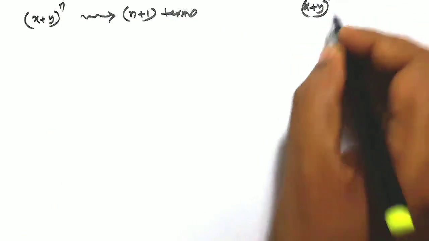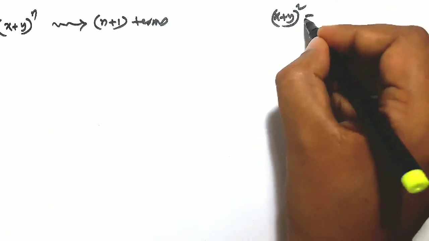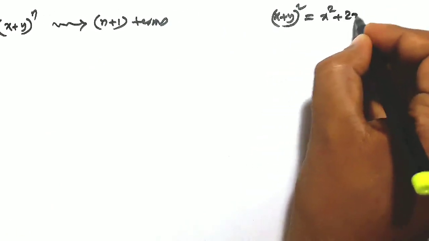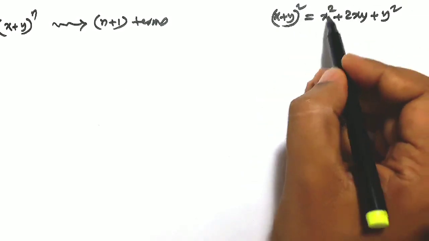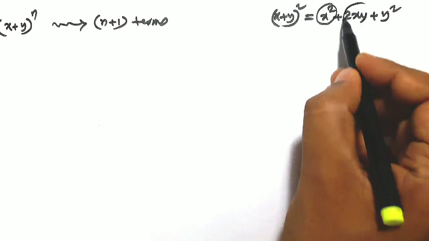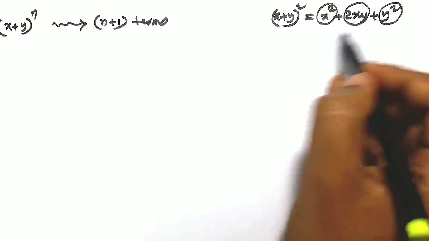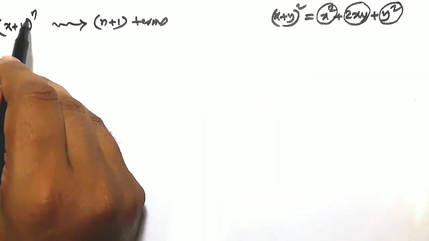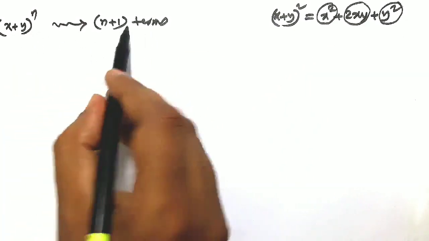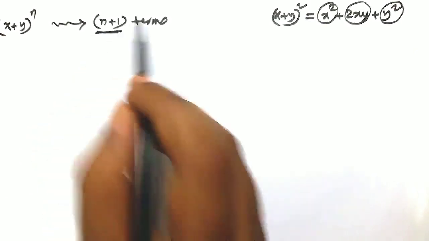Earlier I said this one, again I am repeating. This is x^2 + 2xy + y^2. Index is 2. How many terms are here? 1, 2 and 3. So 3 terms are here. If the index is 2, 3 terms. If the index is n, then the expansion will contain n + 1 terms.